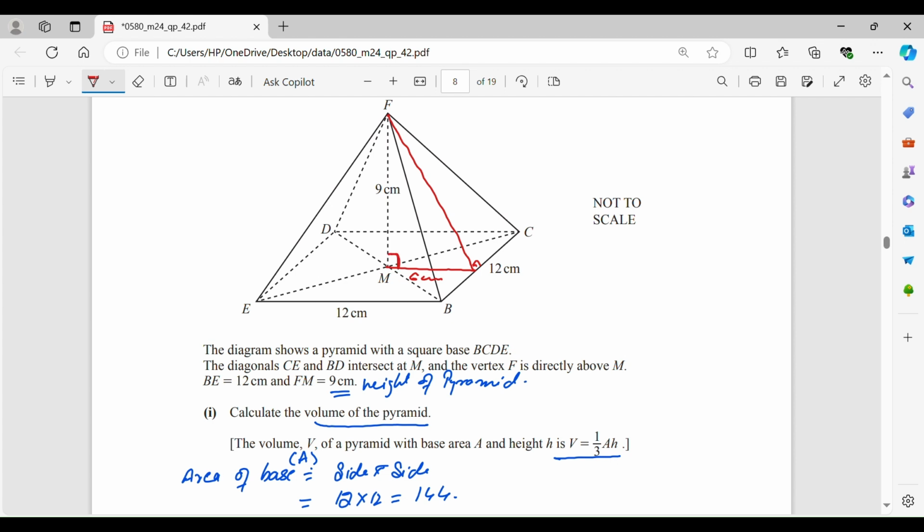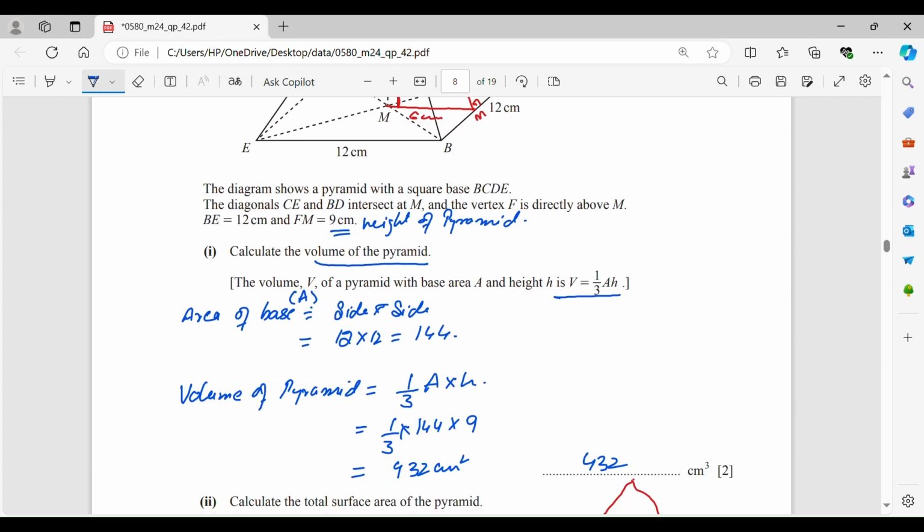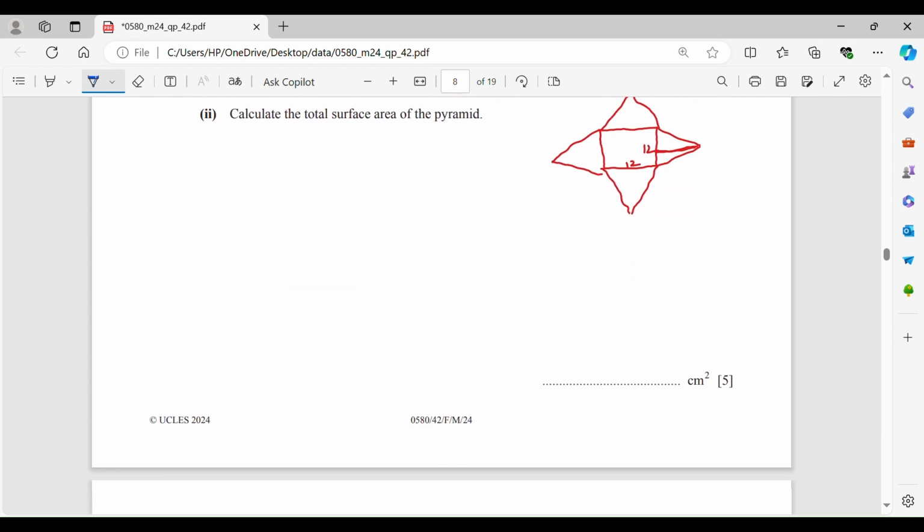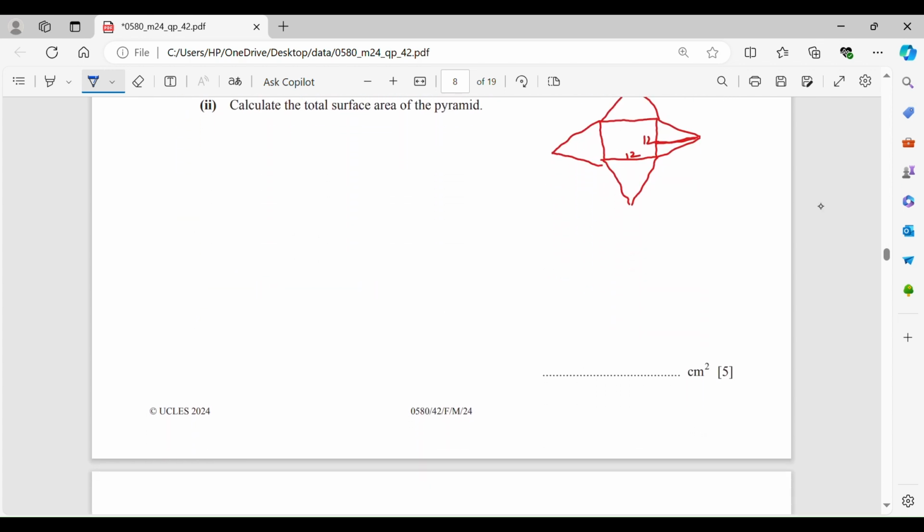By Pythagoras theorem, we can find the slant height by using FM. FM will be equal to root of 9 square plus 6 square, which will be equal to 3 root 13.